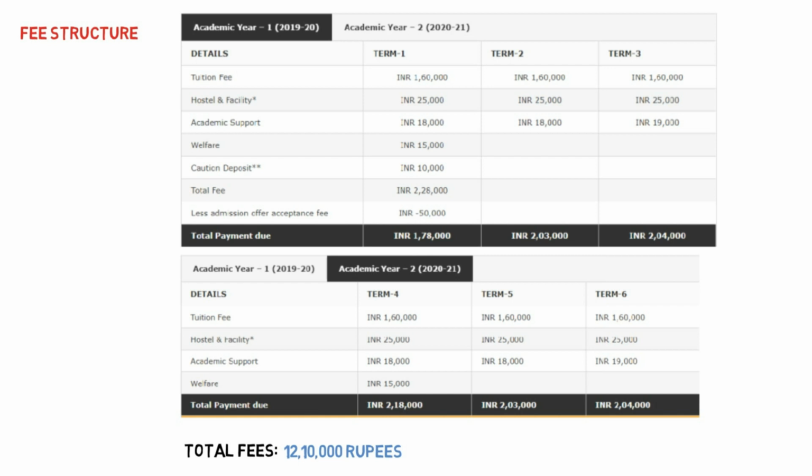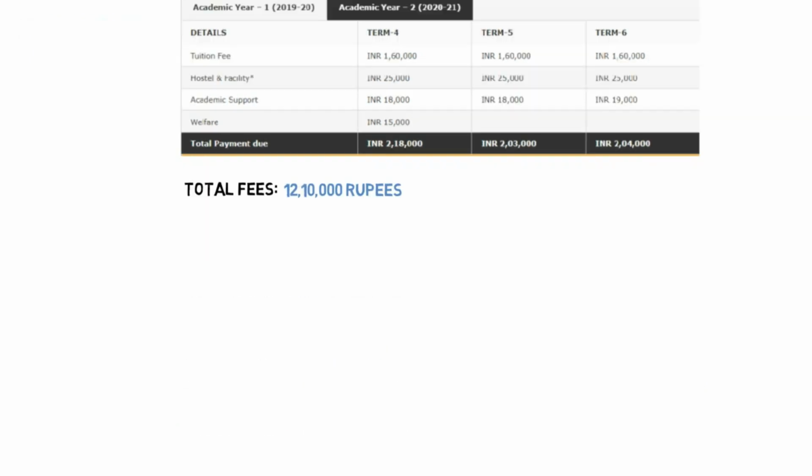As most of the IIMs have trimesters, IIM Nagpur also has trimesters. That means you have to pay your fees per year in 3 installments. The total fees of the IIM Nagpur MBA course is 12 lakh rupees. So that was an insight into the fee structure.